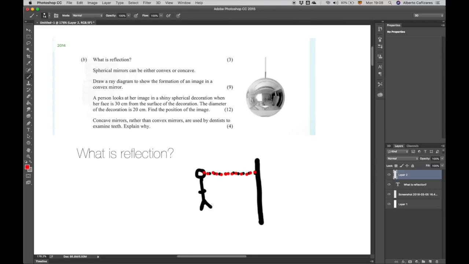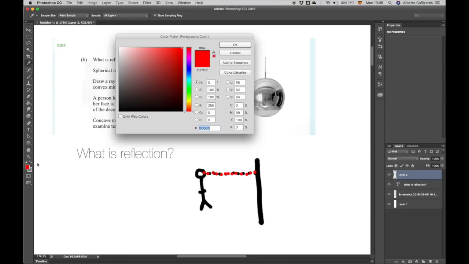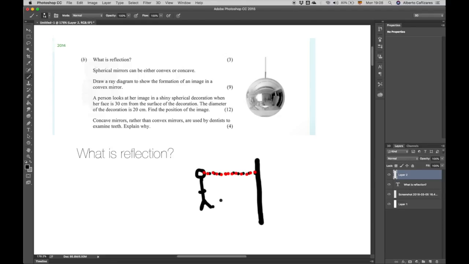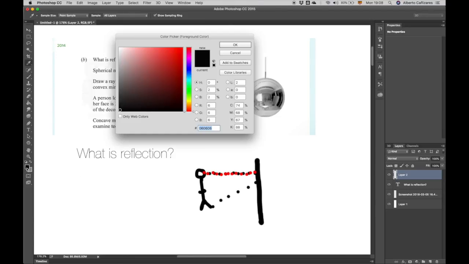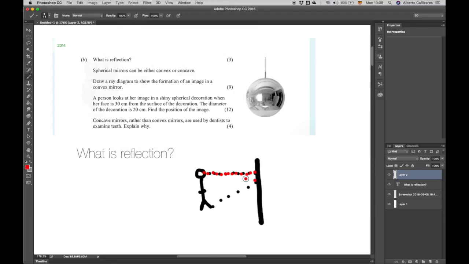So if you want to look at your feet, right, light that goes from your feet will go all the way, hit the mirror, okay, and then bounce and meet your eye.